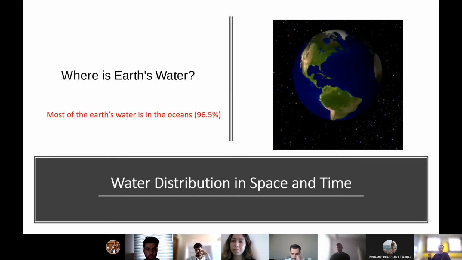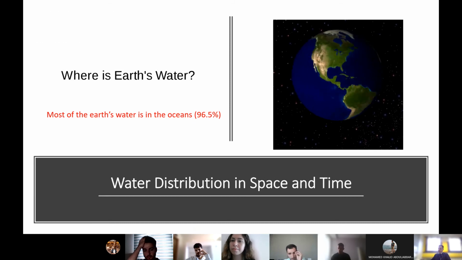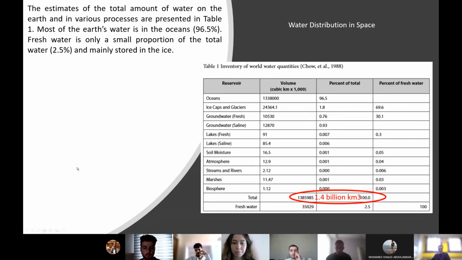How about the other water storages, water reservoirs? Look, this table, taken from Wenti Cha, shows the volume of the Earth's water, as well as its percentage, estimated for the globe.